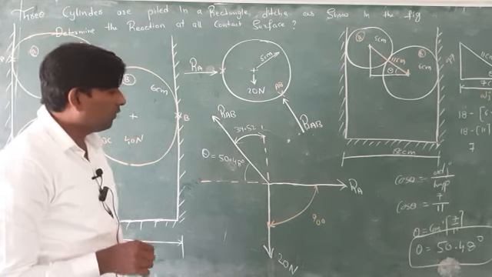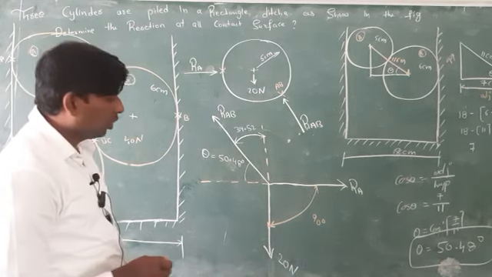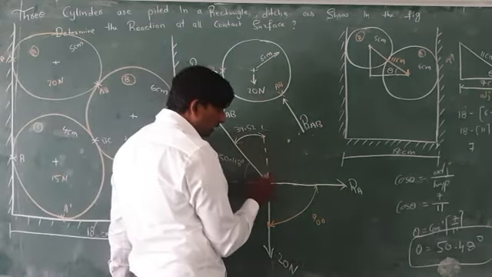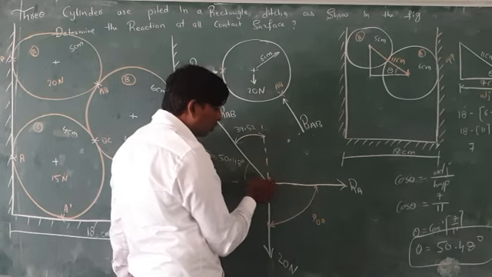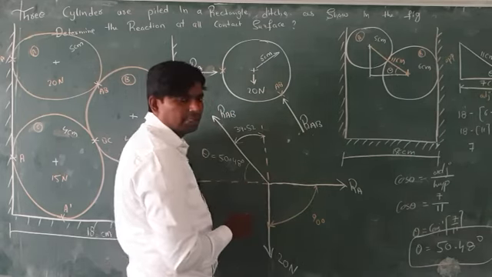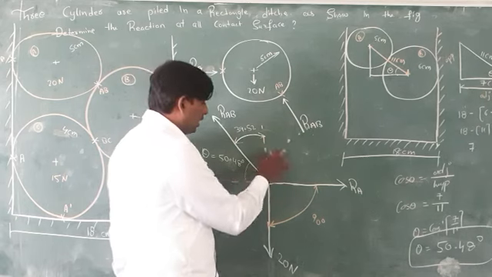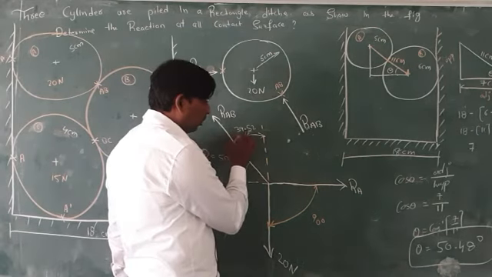After getting this, you know very well that from this axis to this force, from RA to this axis, there will be 90. So 90 plus 39.52.